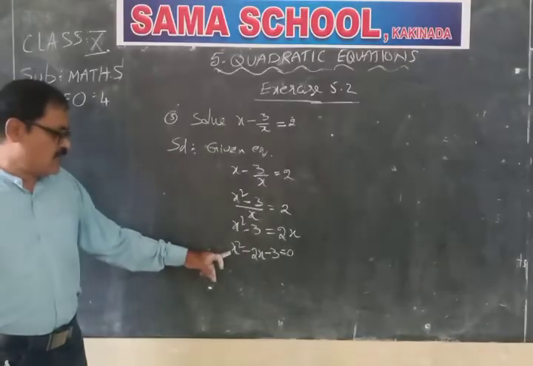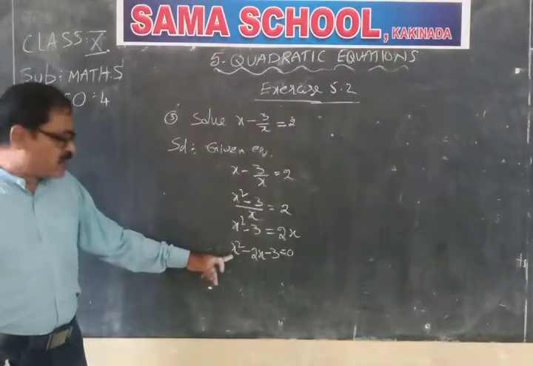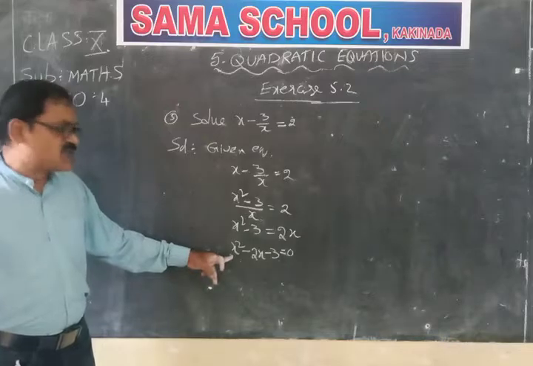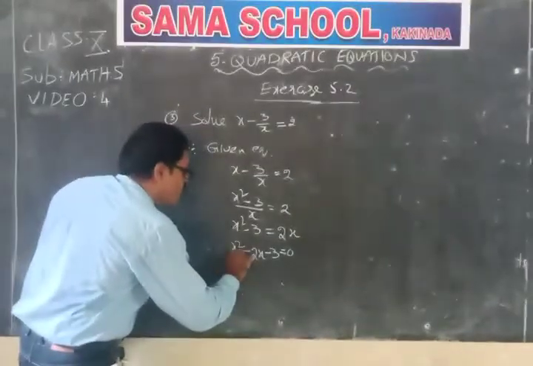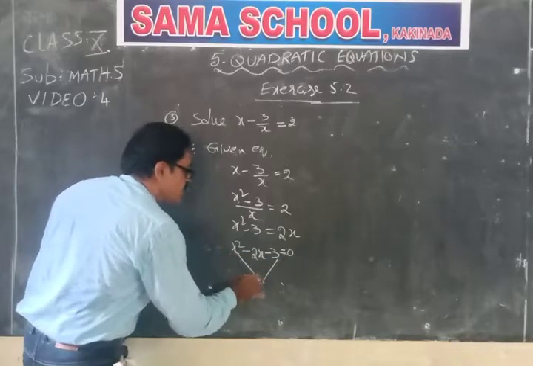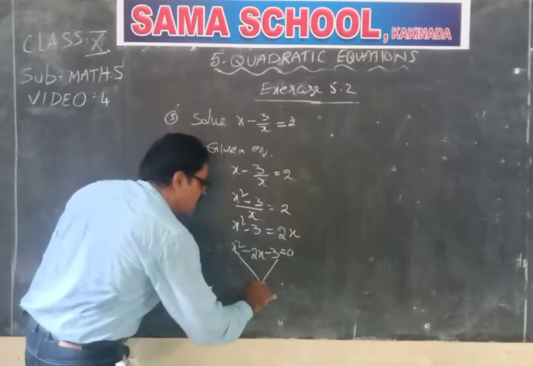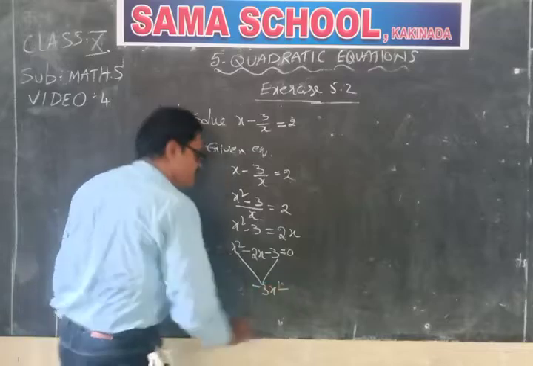After forming the quadratic equation, we have to solve again by the factorization method. Again multiply the first term and the last term. We get x square into minus 3, which is minus 3x square.